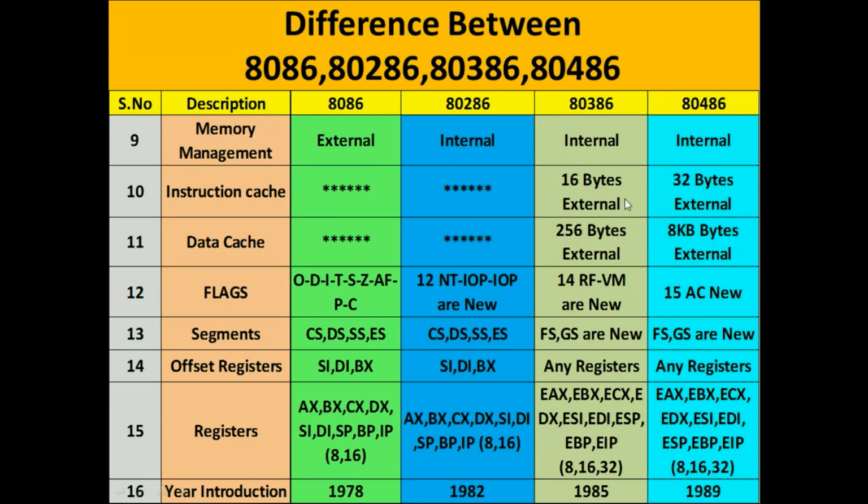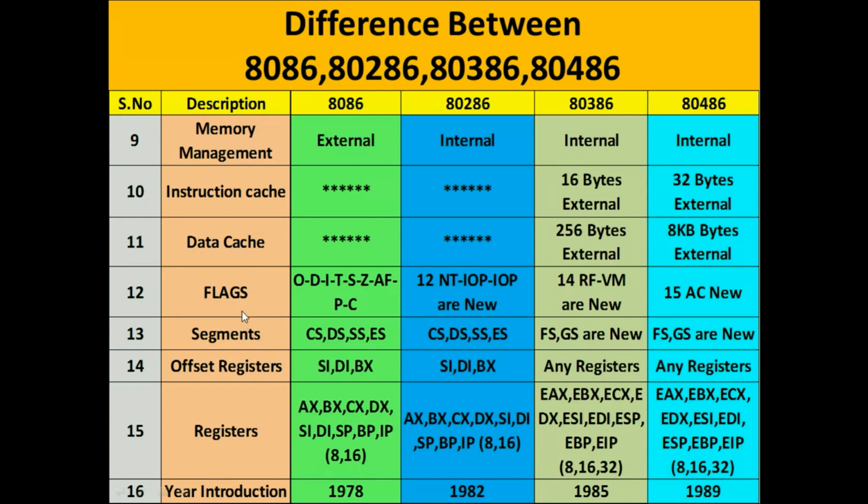The instruction cache is 16 bytes for the 386 microprocessor, and for 486 it is 32 bytes. And the data cache is also only for 386 and 486. The data cache is 256 bytes, provided externally for 386, and 8 KB provided externally for 486. So this is about the instruction cache and data cache for 386 and 486 microprocessors.